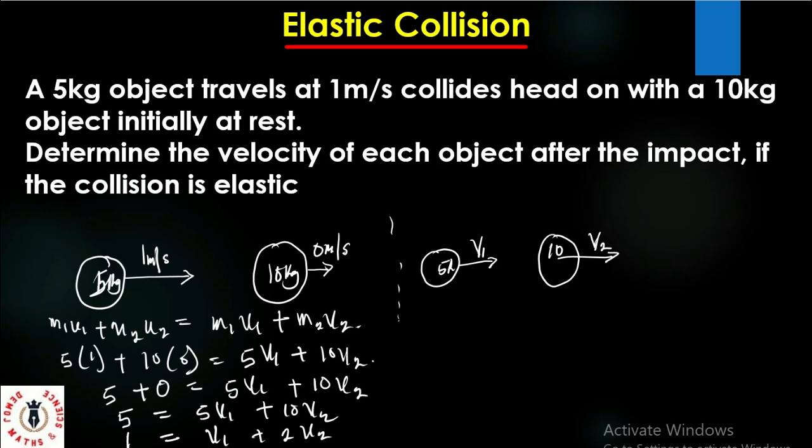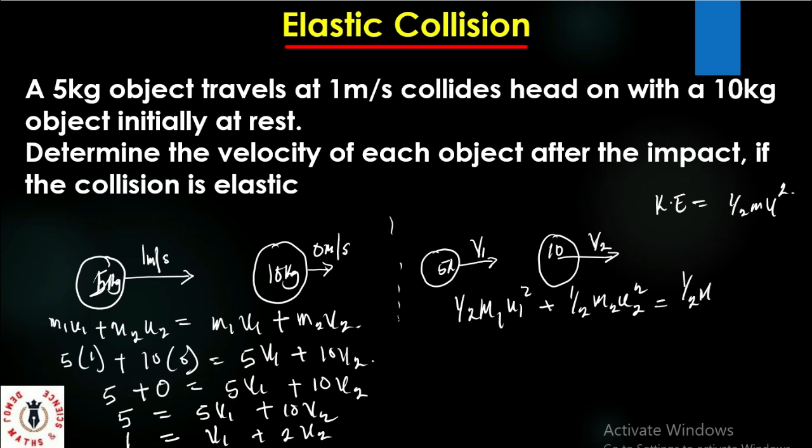Let's consider kinetic energy. We know for kinetic energy, KE is the same thing as half m v squared. So we're going to consider it after collision and before collision. Total kinetic energy before collision will come from half m1 u1 squared plus half m2 u2 squared, which will now be equal to half m1 v1 squared plus half m2 v2 squared.